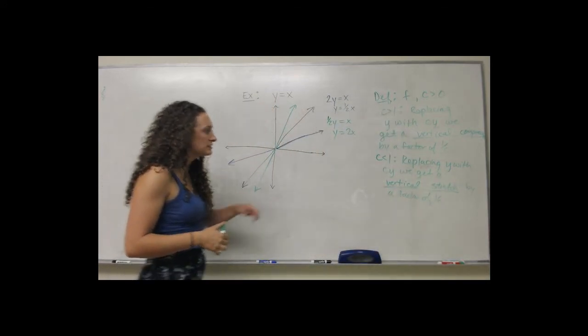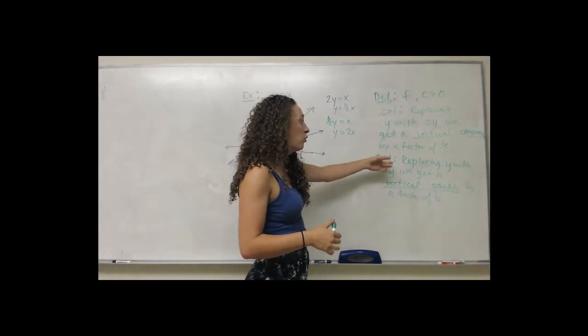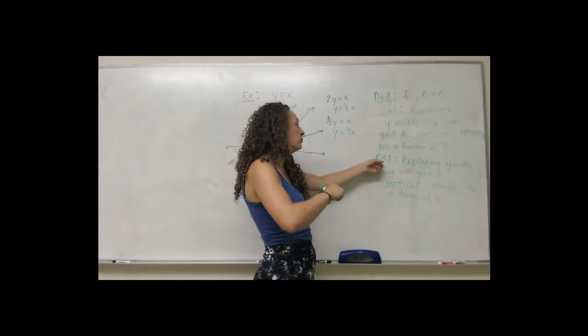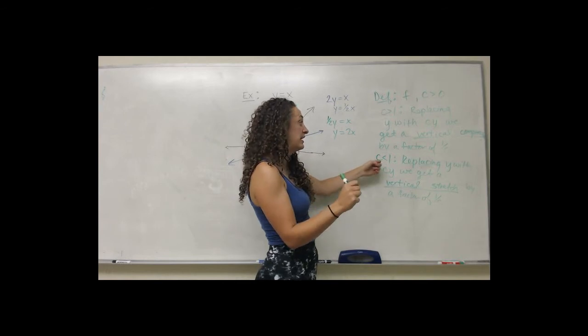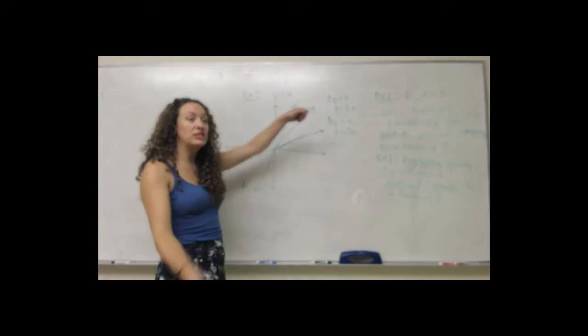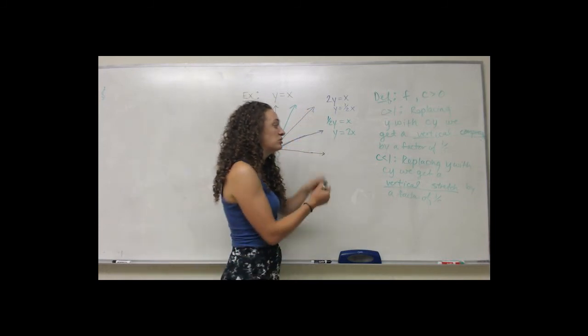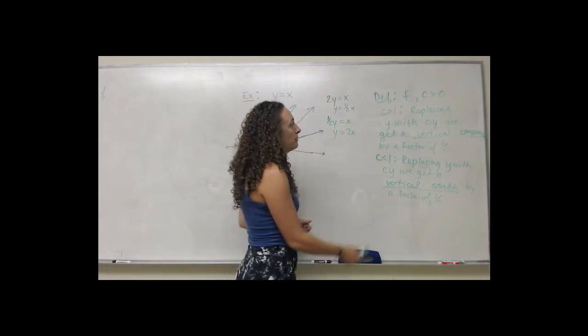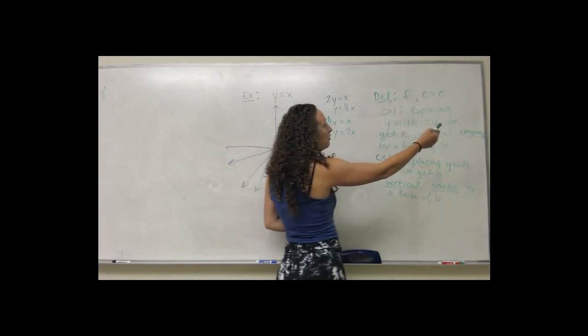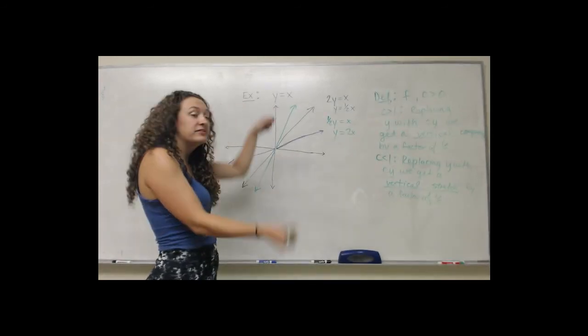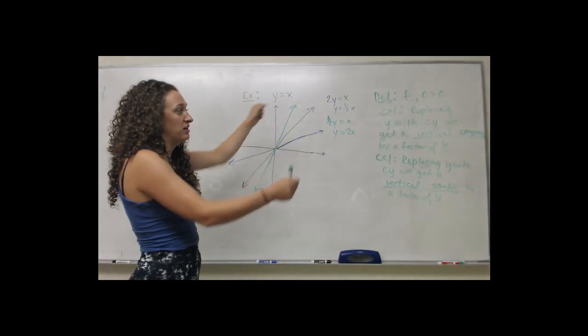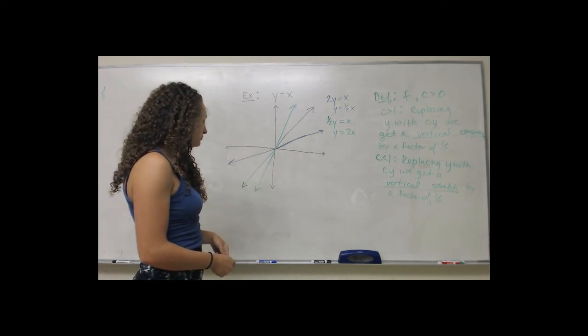So if we replace x or y with c times x or y, with c less than 1, we end up with stretching. Replacing it with a fraction times that variable stretches in that direction. Replacing it with some number bigger than 1 times that variable gives us a compression, in either direction.